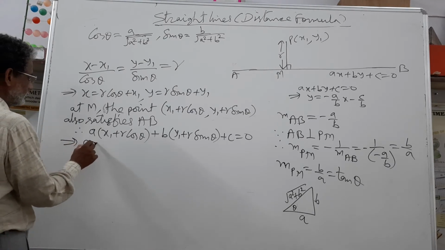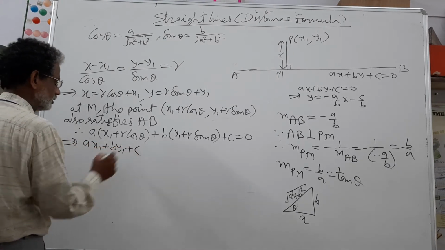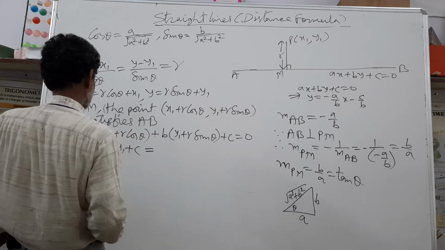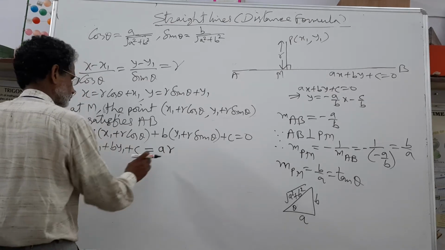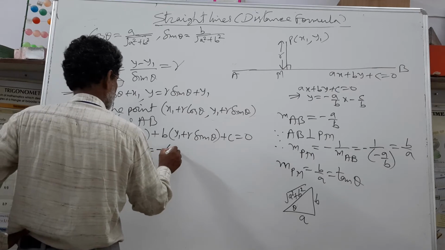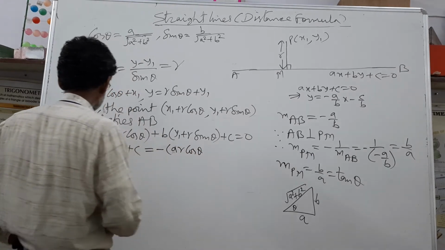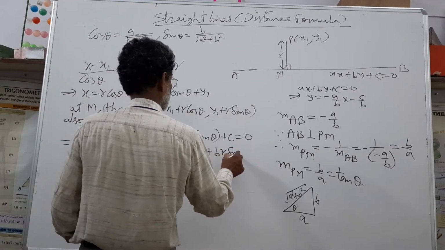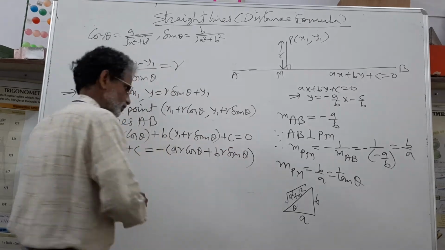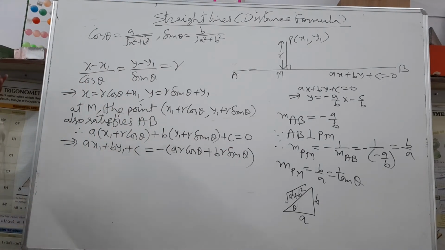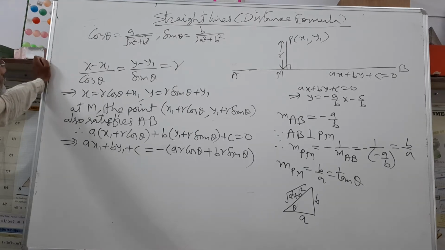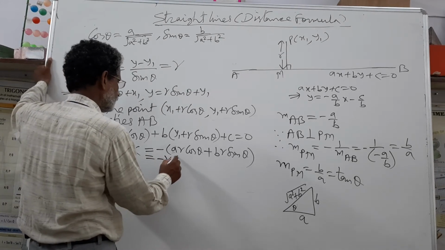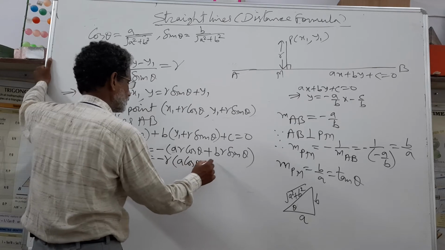This implies Ax1 plus By1 plus C is equal to minus Ar cos theta minus Br sin theta. Taking r common, this is equal to minus r (A cos theta plus B sin theta).